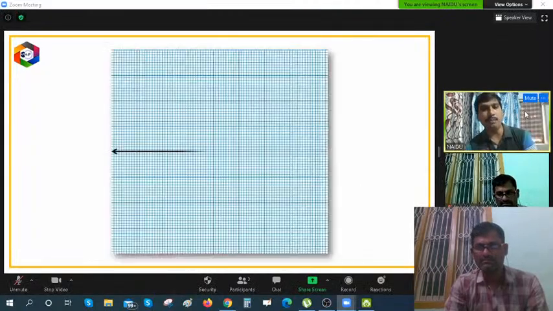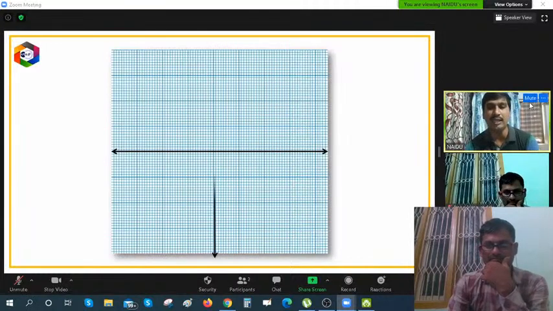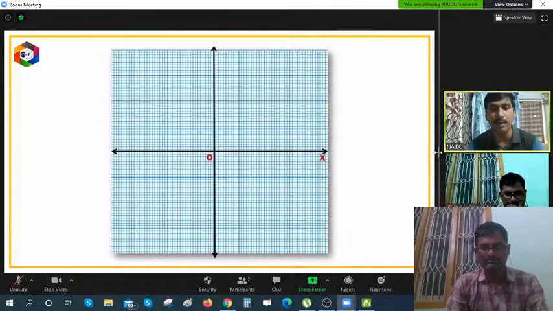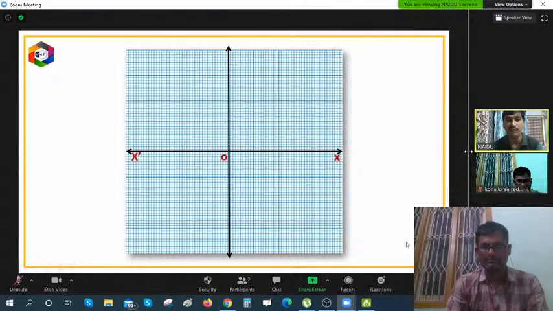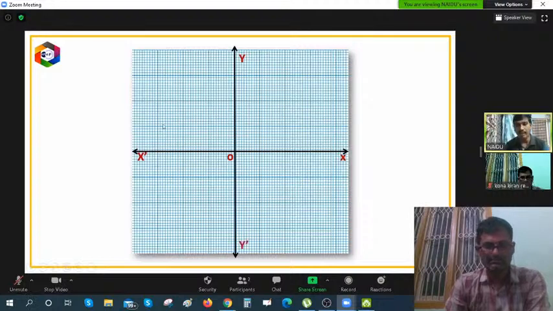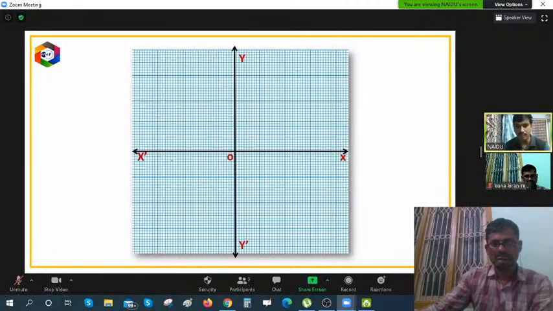Let us observe the screen once again. Here is a plane on which a graph sheet was taken, and on that the horizontal reference number line is drawn, which you know is the x-axis, and the vertical reference number line is called the y-axis. The meeting point of both the x and y-axis is called the origin. Let us divide the x and y-axis into equal parts.